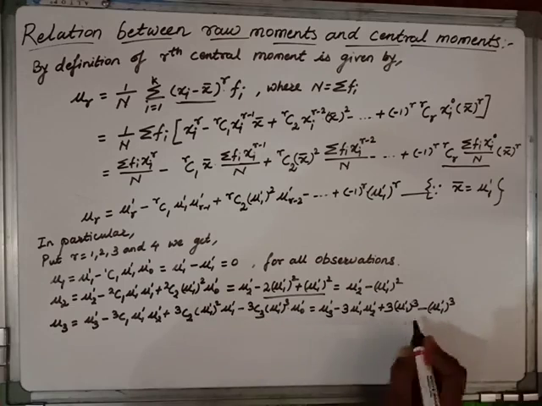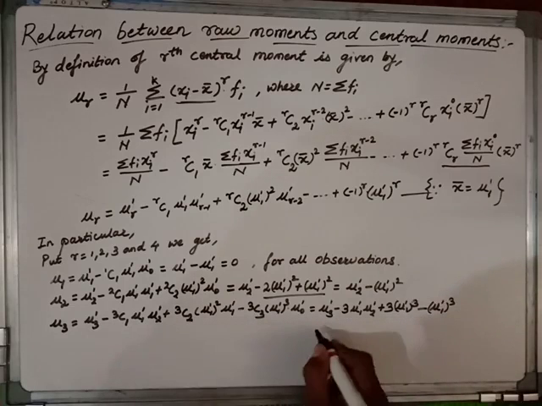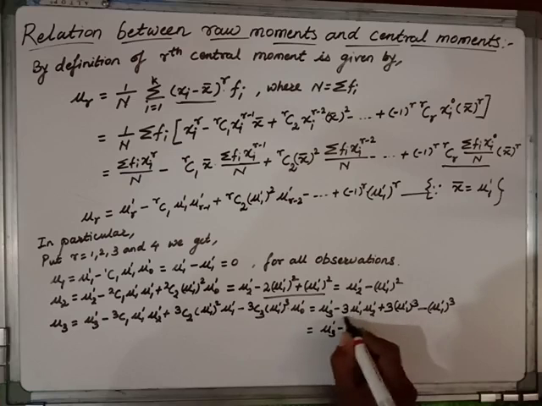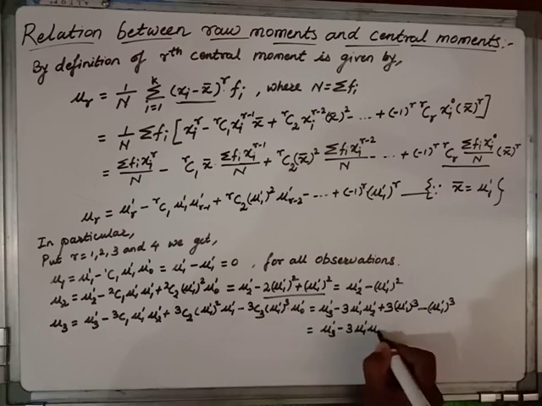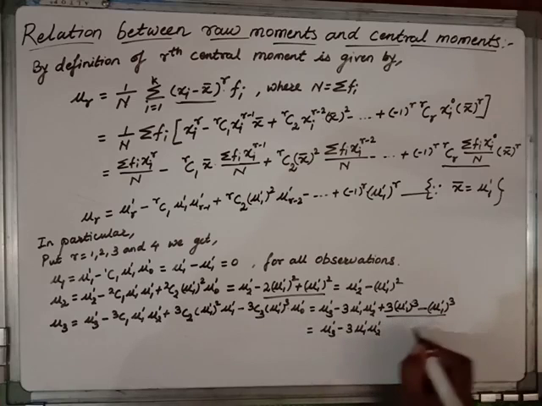Now finally, it will be mu3 dash minus 3 mu1 dash mu2 dash as it is, but these two together we get 2 times mu1 dash cube.